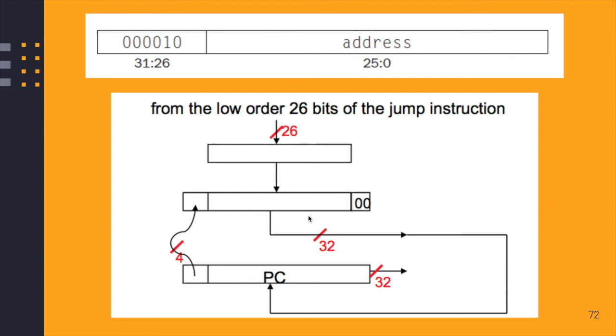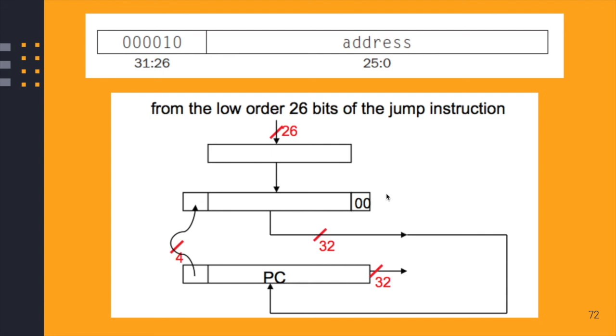The total will be how much? 28 bits. So the first step is transforming our word address into a byte address, meaning I will transform it from 26 bits into 28 bits by adding 2 zeros to the right. What is the logical operation we did to add 2 zeros to the right?